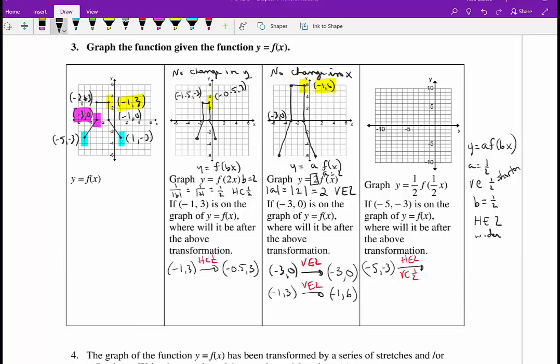All right, so -5 times 2 is -10, and -3 times 1/2 is -1.5, right? All right, so -5 and -3 on our first graph is the far left blue point, okay? Now it becomes -10 and -1.5, so -10 and -1.5 is right here.